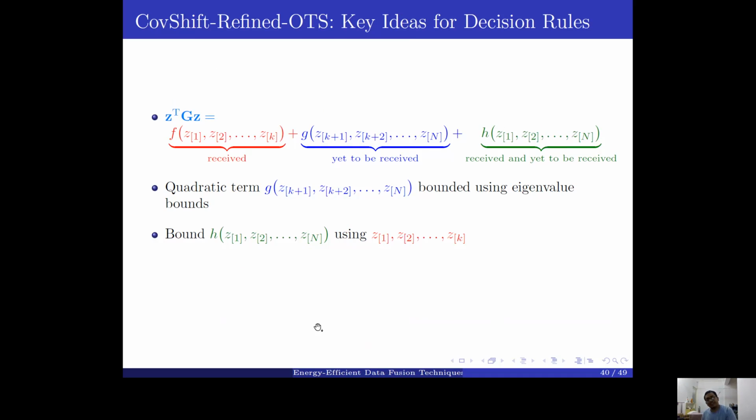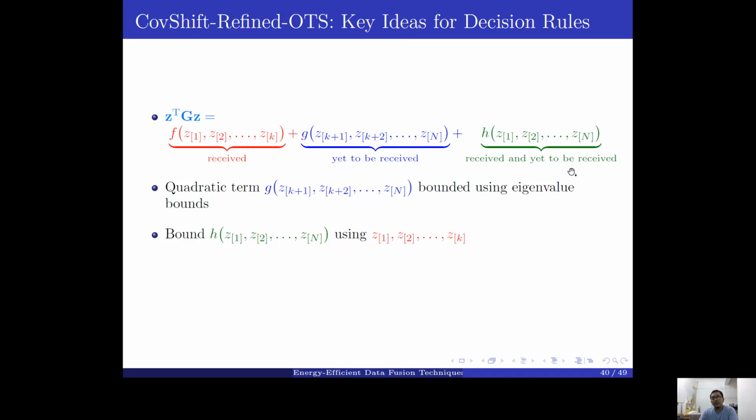A refined approach is adopted for CovShift-Refined-OTS, where we can write the decision statistic in terms of what you have received, what you are yet to receive, and then the cross term between the received and yet to receive measurements. Now, the term which corresponds to yet to be received measurements is a quadratic term, and you can bound it using the eigenvalue bounds, which we showed in the previous slide.